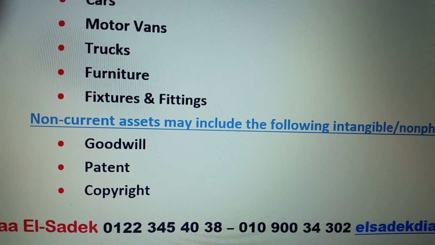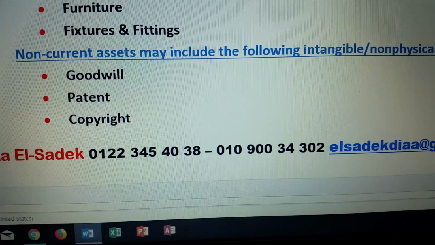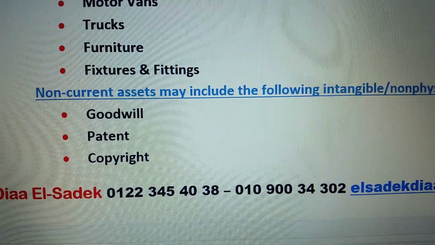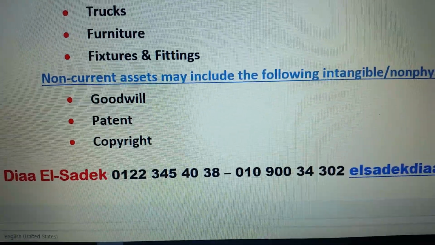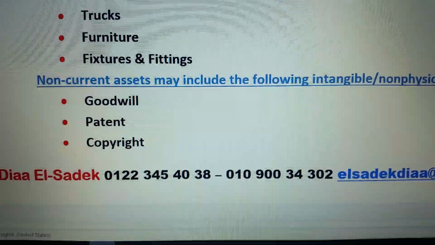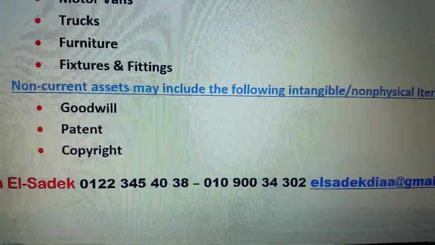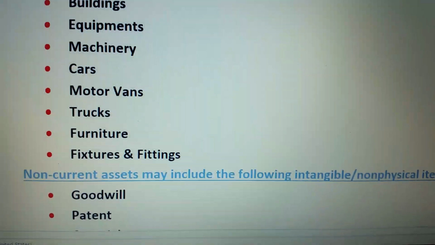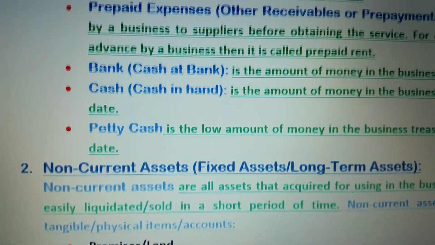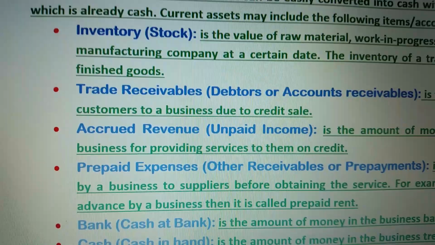So again, assets are items owned by a business, and we can classify assets into two categories. The first one is called current assets, which include cash, bank, petty cash, prepaid expenses, accrued revenue, trade receivable, inventory.